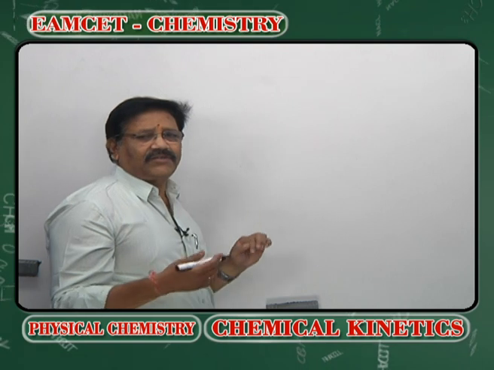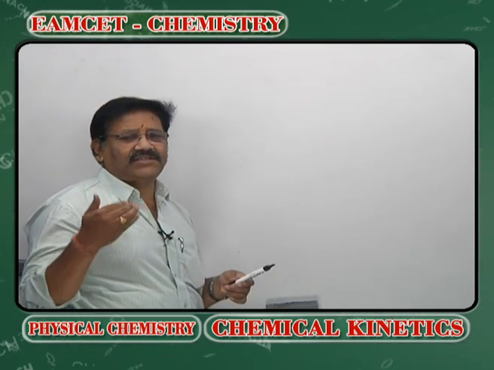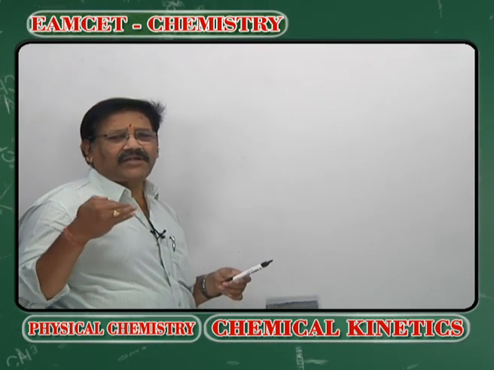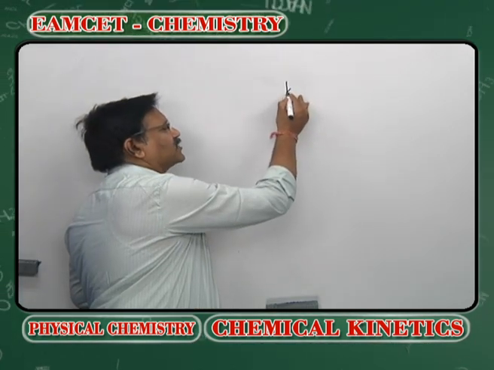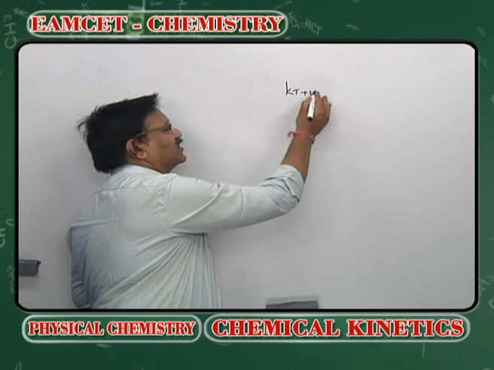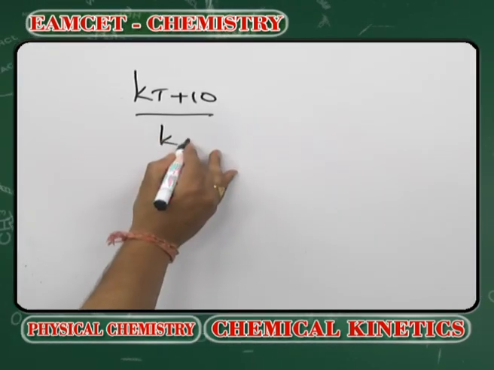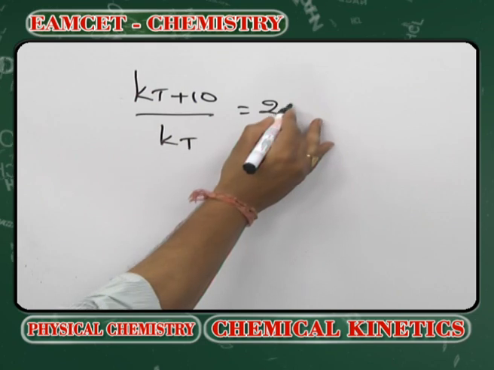Now, what is the effect of the temperature? For every 10 degrees rise in temperature, rate gets doubled or tripled. So, temperature coefficient is expressed as k(T+10) by k(T) is equal to 2 or 3.